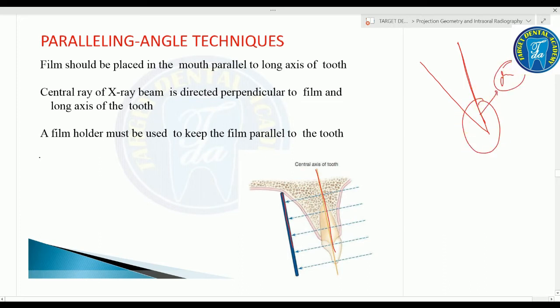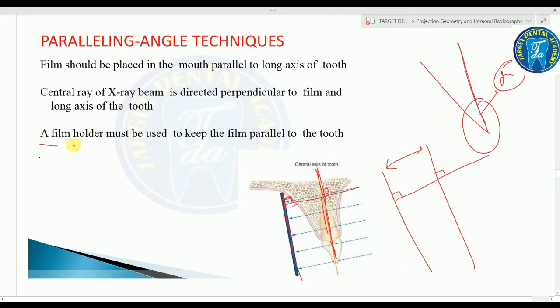In the paralleling technique, the film is placed parallel to the long axis of the tooth, and the central X-ray beam is directed perpendicular to the film and the long axis of the tooth. So this is the long axis of the tooth, and this is the film.